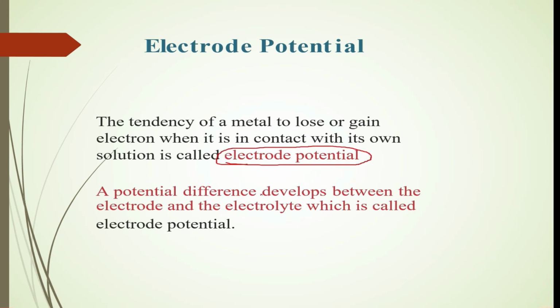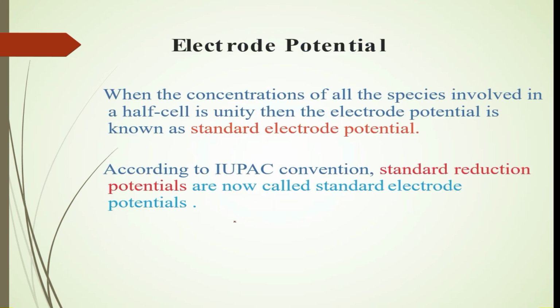A potential difference develops between electrode and electrolyte, which is called electrode potential. Zinc is an electrode and zinc sulfate is an electrolyte, and the potential difference between them is the electrode potential.